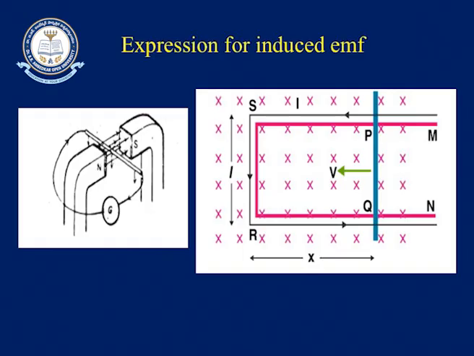Here I am concentrating on two factors. What are the two factors I am concentrating on? The first one is the direction of the current, and the second one is the magnitude of the current. Both are current parameters only. The direction of the current depends upon two parameters here.